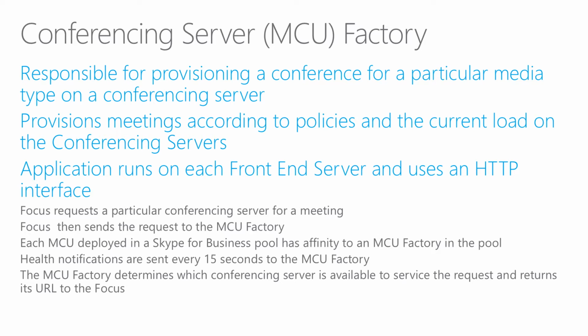Since each MCU in a pool has an affinity with the MCU factory, it would be able to make a determination as to which AV MCU it should leverage based on health notifications from those MCUs. Once it's made a determination as to which MCU it would use, it would then send that information back in the form of a SIP URI to the focus. The focus would then pass this to the client, and the client would then connect to the correct AV MCU.